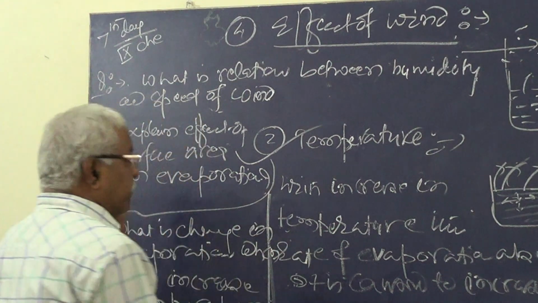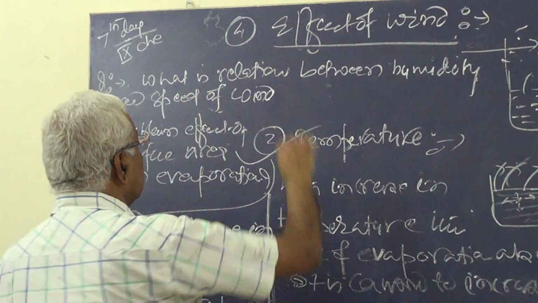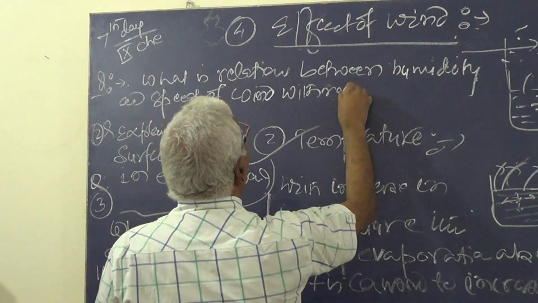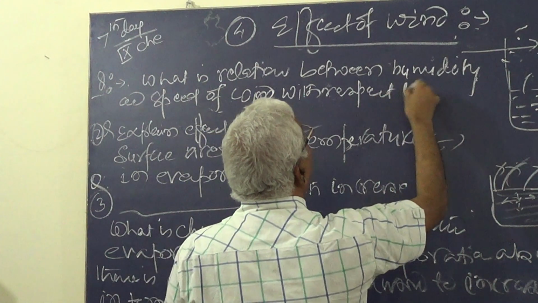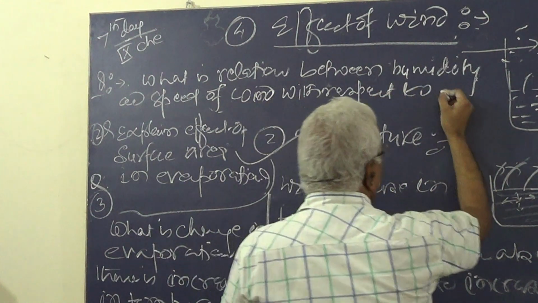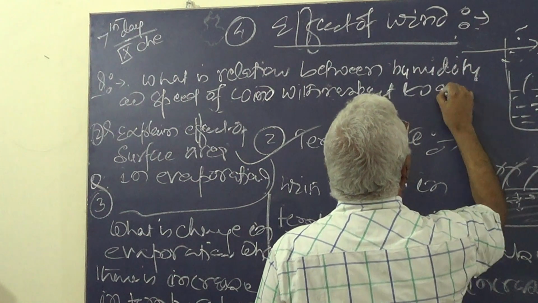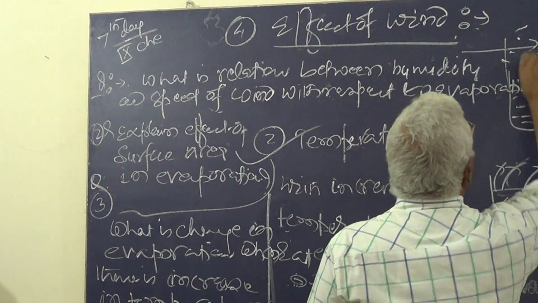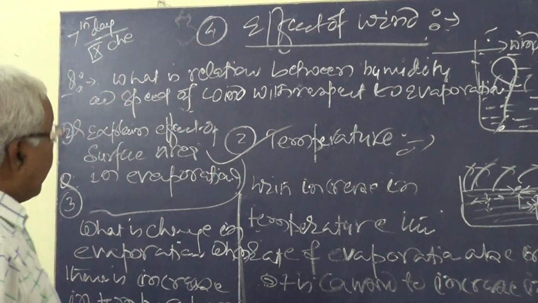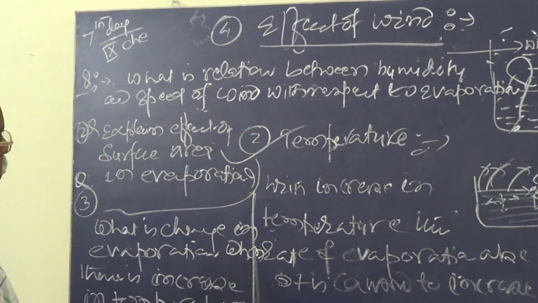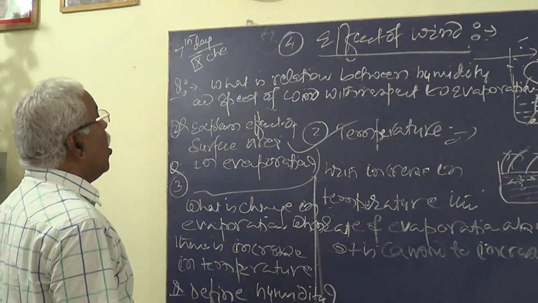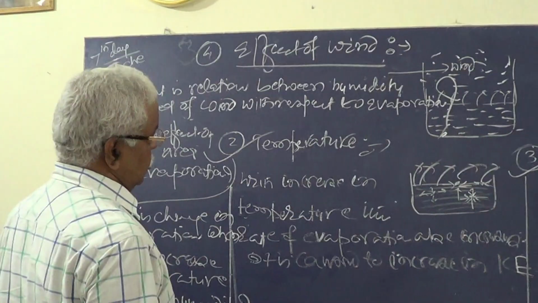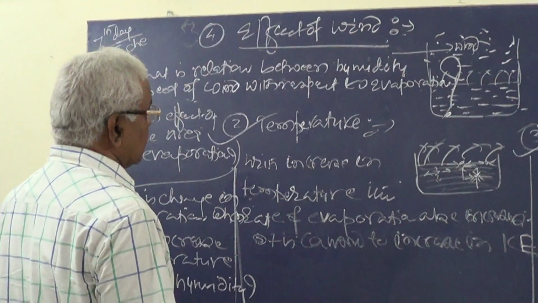Or simply you can say, wind with respect to evaporation. What is the relation between humidity and speed of wind? If the speed of wind is more, or simply if wind is more, the humidity will decrease and the rate of evaporation will increase.